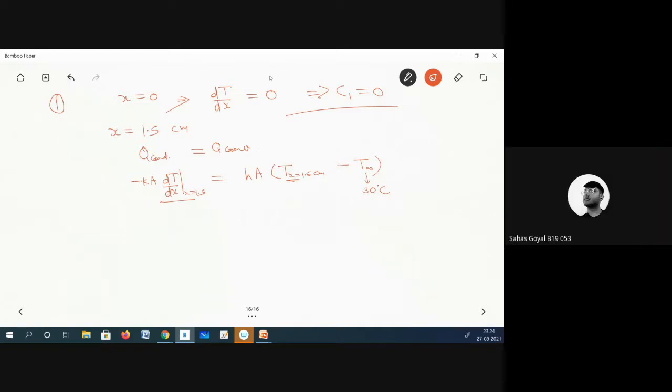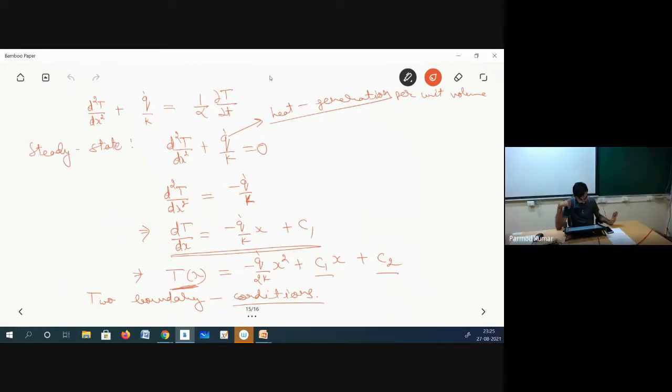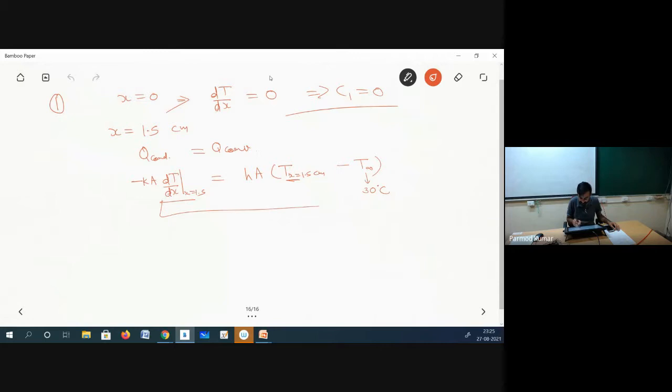Sir, can you please take the previous page once? Yes, sir. So this is equal to 0, and now C1 is obtained. For C2, you just have to calculate dT by dx at 1.5 centimeter and T at 1.5 centimeter and substitute in this general expression.